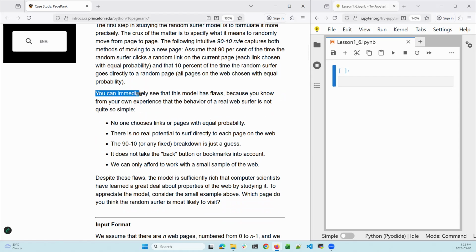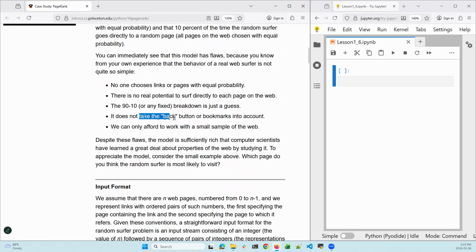You can immediately see that the model has flaws, because you know from your own experience that the behavior of a real web surfer is not quite so simple. No one chooses links or pages with equal probability. There's no real potential to surf directly to each page on the web. The 90-10 breakdown is just a guess. It does not take the back button or bookmarks into account, and we can only afford to work with a small sample of the web.